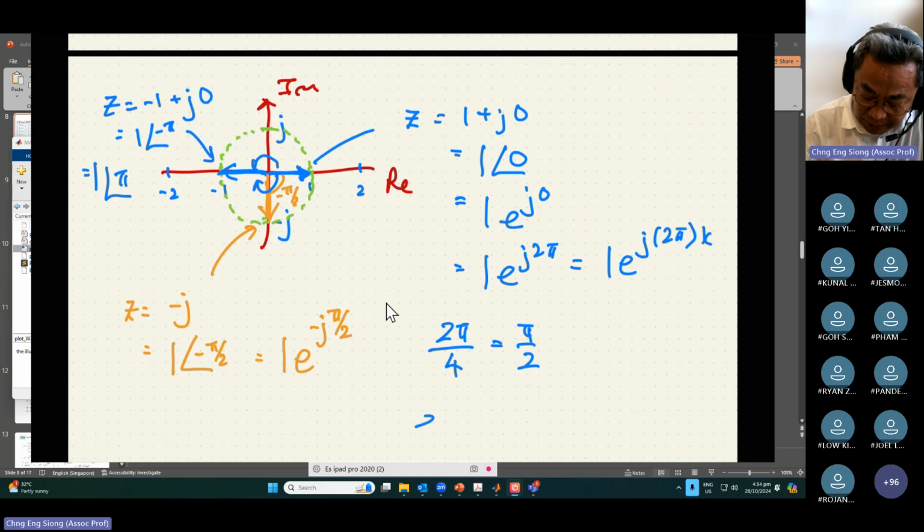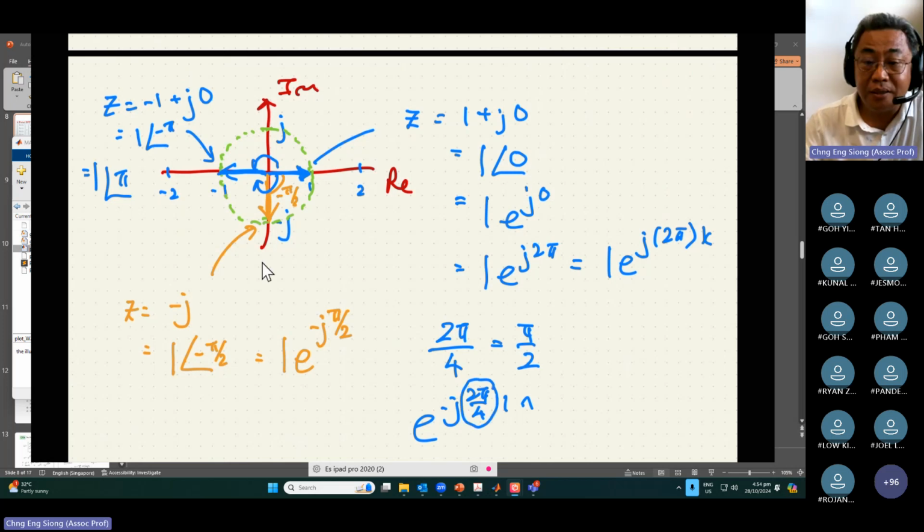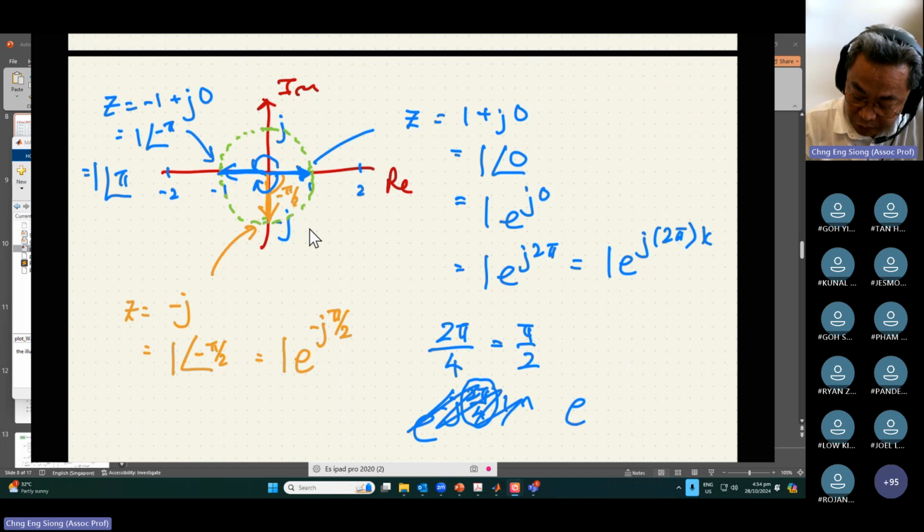So that's E minus J, 2 pi over 4, k, n. K is 1, right? You see? Here is the key number. 2 pi over 4 means that if I'm using k equals 1, I'm moving by pi over 2 radians per sample. What happens when I do E minus J 2 pi over 8?